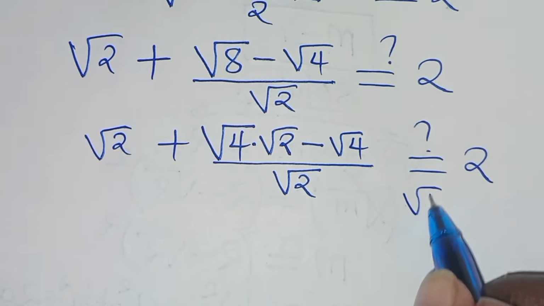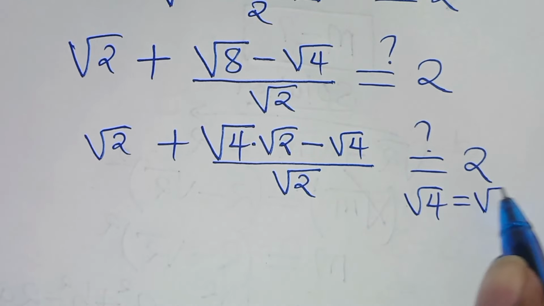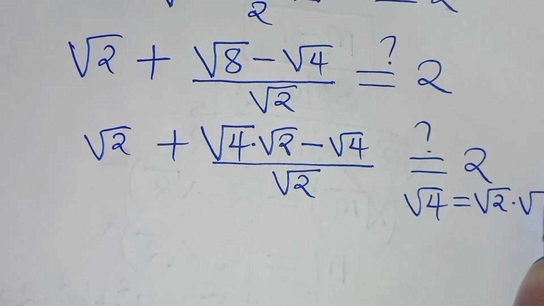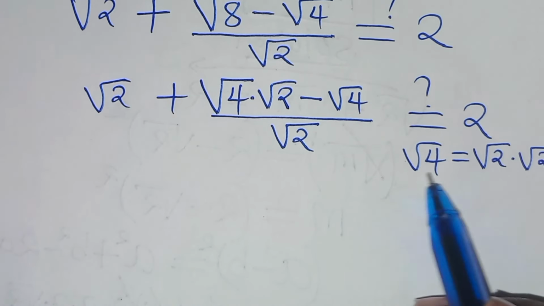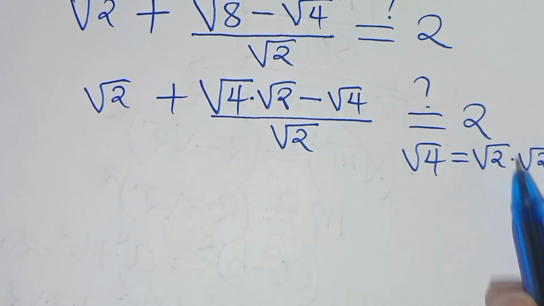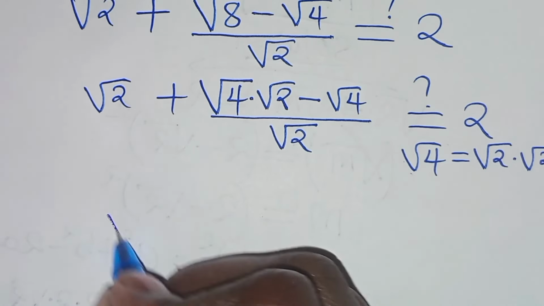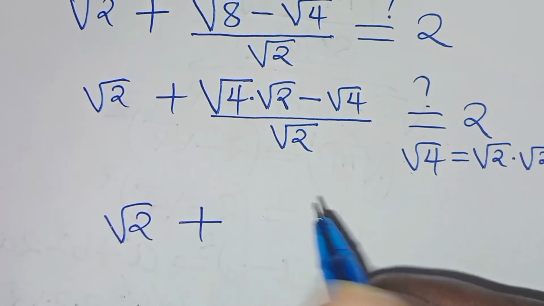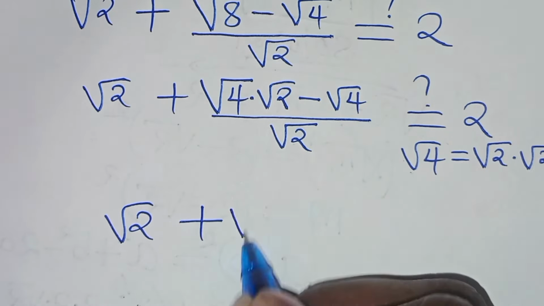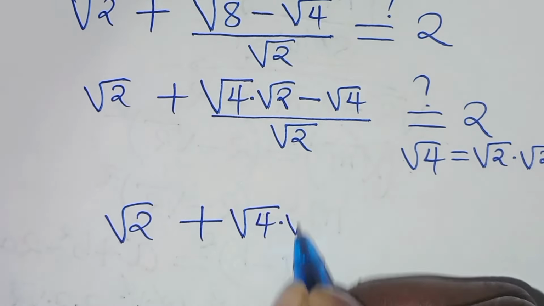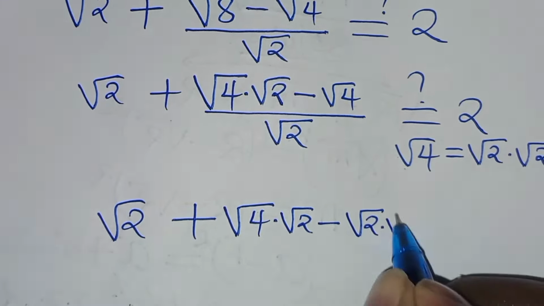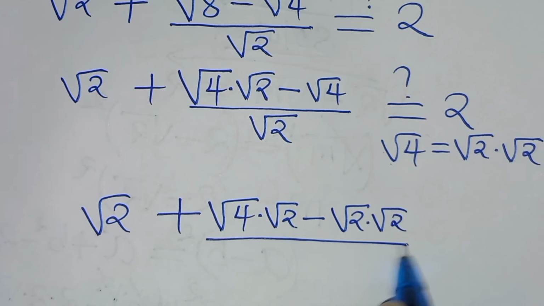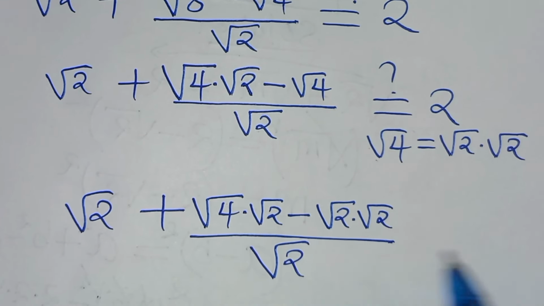We can express square root of 4 as square root of 2 times square root of 2. So let's substitute square root of 4 with square root of 2 times square root of 2. So we have square root of 2 from here plus square root of 4 times square root of 2, subtract square root of 2 times square root of 2. Everything here divided by square root of 2.